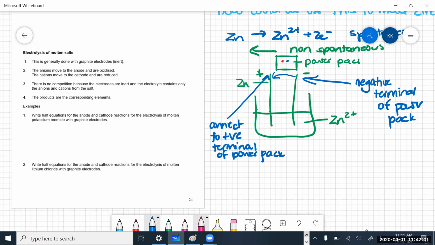Now, when we put a power pack or an electric supply in there, this now becomes what we call an electrolytic cell. Okay, so this is now an electrolytic cell.